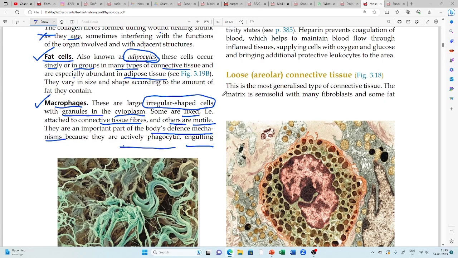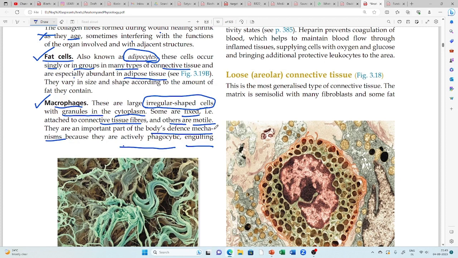Some are fixed in a particular location, and some are motile, moving continuously. Their important role in the defense mechanism is protecting our body from bacteria and cell debris.